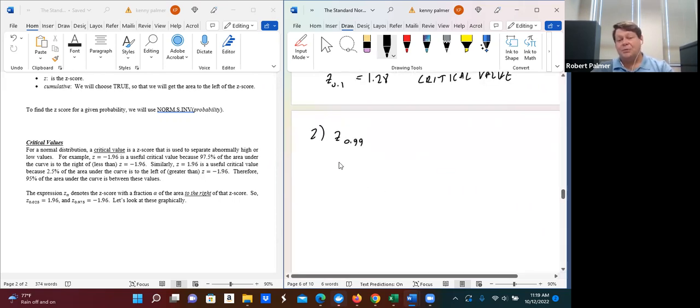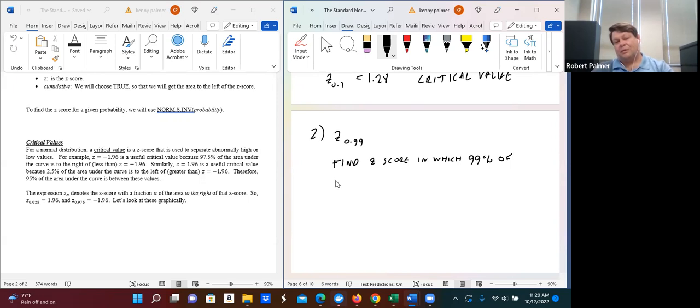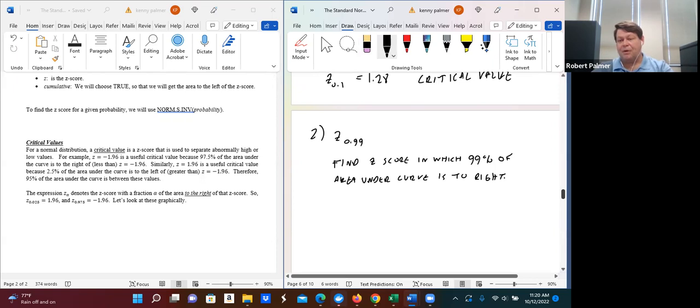Once again, what this says is we want to find the z-score in which 99% of the area under the curve is to the right.